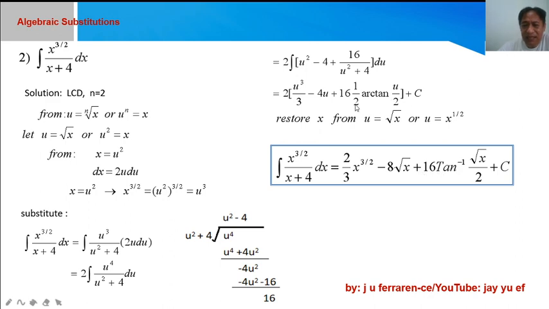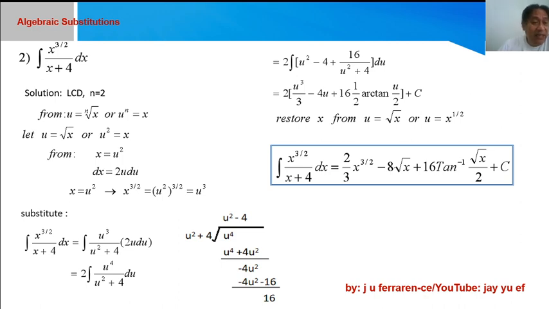That's 8 times 2, so that's 16. Then arctan of the square root of x, being our u, over 2, plus c. So that's how to work when your given contains a fractional power of x.